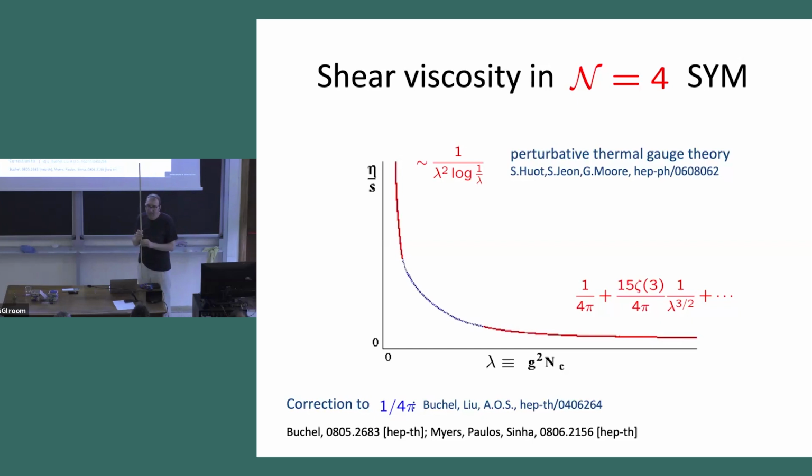Yeah, and another thing I wanted to say about this is that now you may say, okay, why don't you do the same calculation? So for example, the ratio of eta to s with finite mu is still 1/4 pi, right? Because it's a gravity background. But you may ask, what about the correction? Do we have a correction for finite chemical potential?